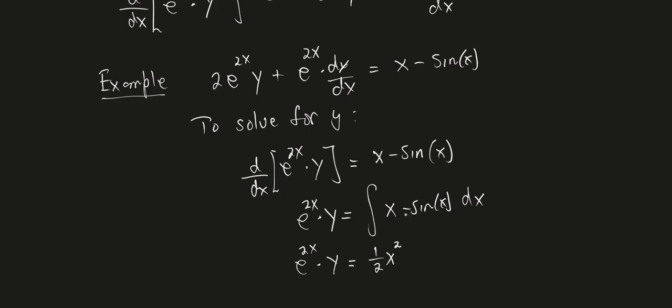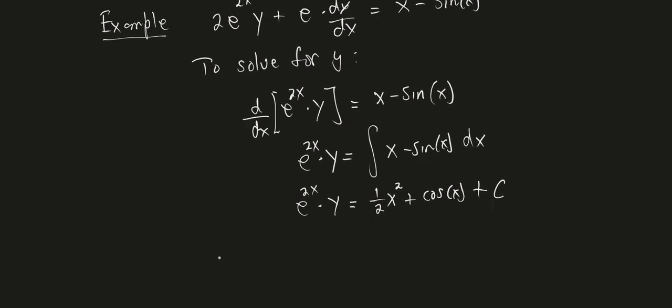The antiderivative of minus sine x is a positive cosine x, and then I have my constant of integration, and then I can figure out what y is by dividing everything by e to the 2x. So therefore y is all of this divided by e to the 2x.